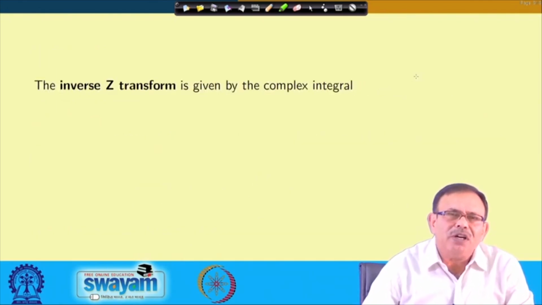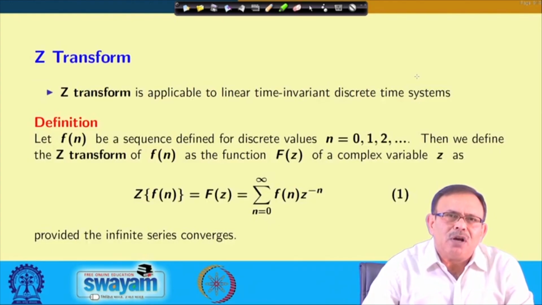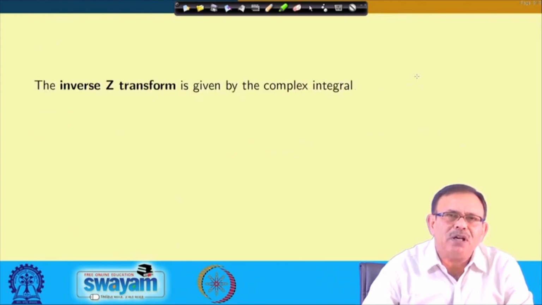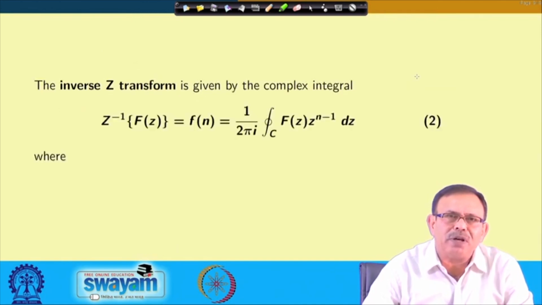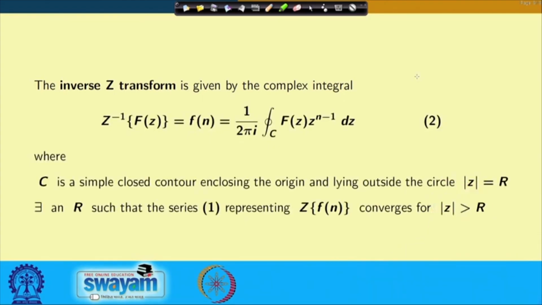Now, the inverse z transform, of course, will come as a complex integral, because here we have f z, where z is a complex variable. So, the inverse z transform is given by the complex integral: z inverse of F z, which equals f n, equals 1 by 2 pi i, integral over c of F z times z to the power n minus 1, dz.